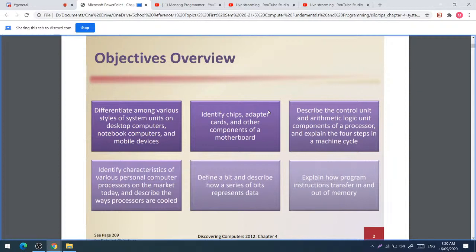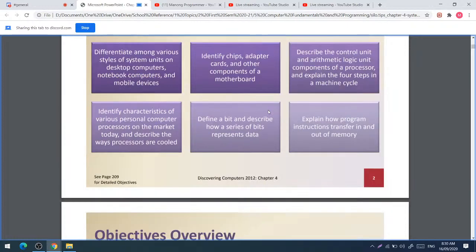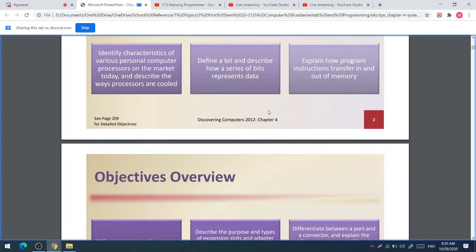We will also be discussing the different types of memory and data representation. I will also explain how data is being transferred in and out of the memory.